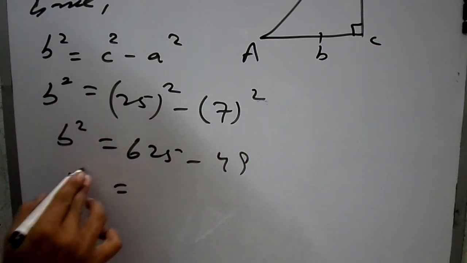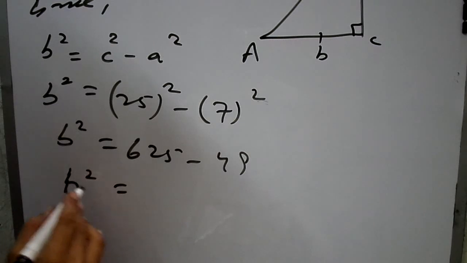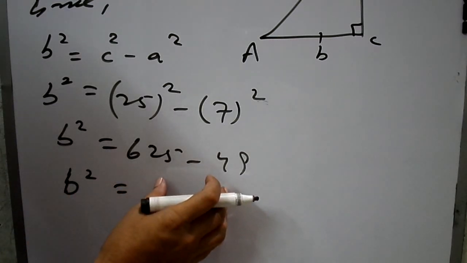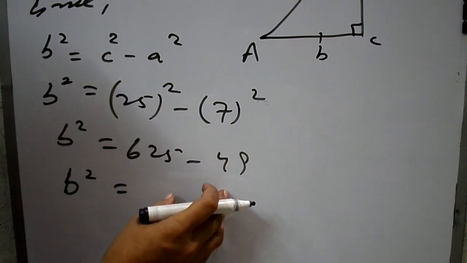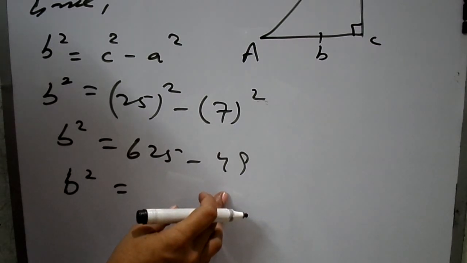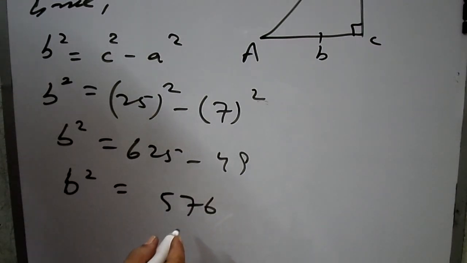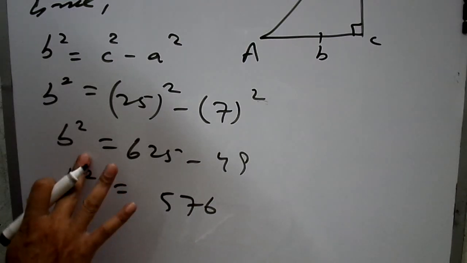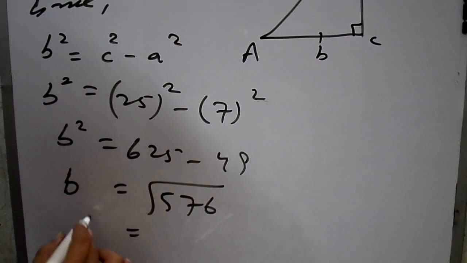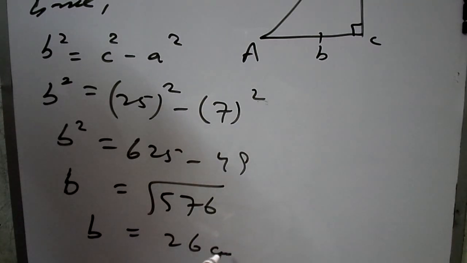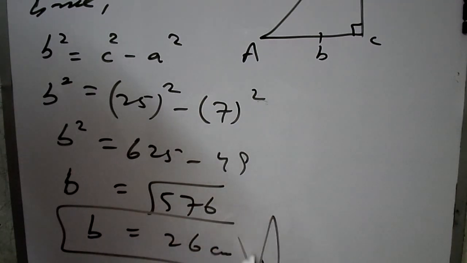So subtract it, you will get 576. So you need without square, so it will become under root, that is 24 centimeter. So the value of B is that.